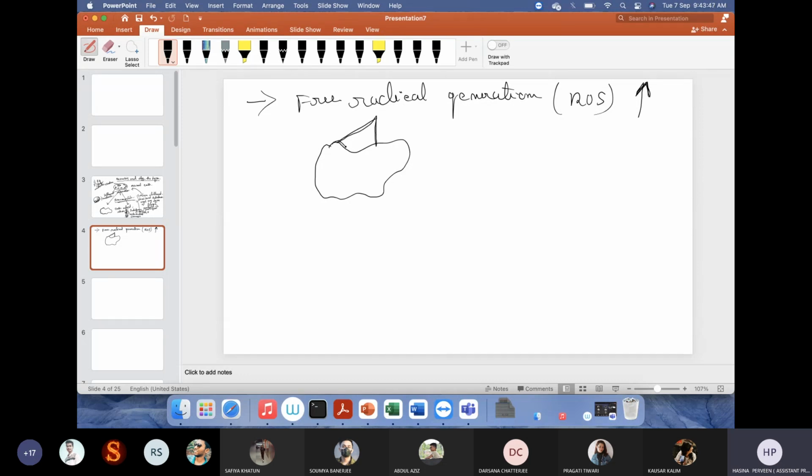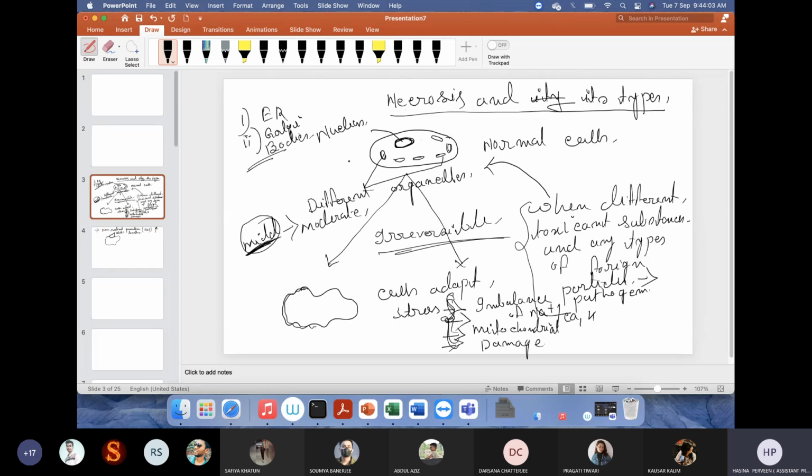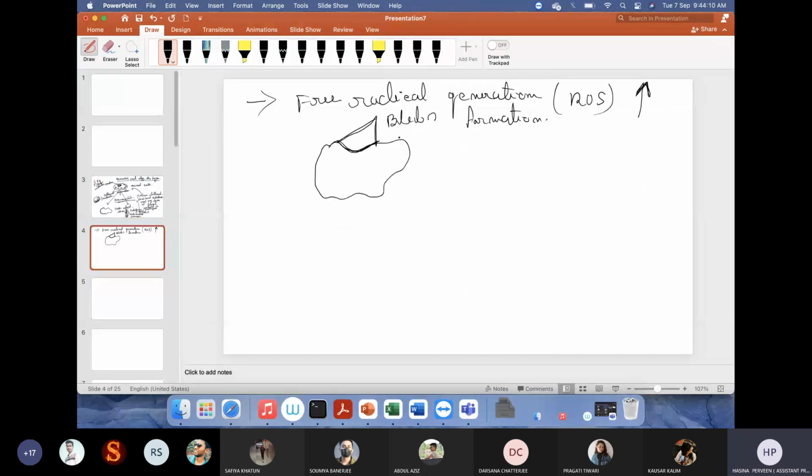This condition is blebs, that means bleb formation. Here the normal nucleus is present and cell size is also normal, but when normal cells are under stress condition, the cell surface also shows bleb formation and the nucleus size changes, that means smaller than the normal size.